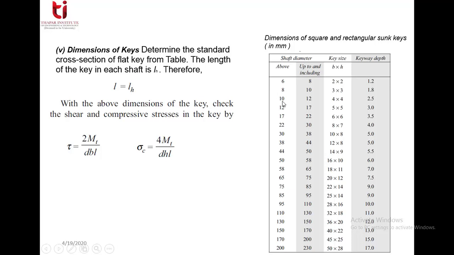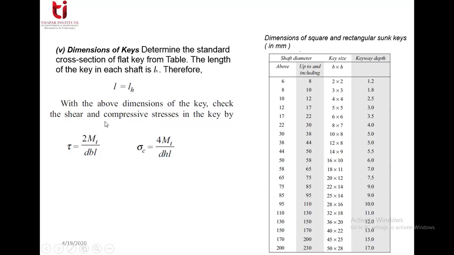The keys are also checked from two points of view: one is tau, the shear stress, the other is sigma c, the compressive stress. We have obtained these relations, tau is equal to 2Mt by dbl and sigma c is equal to 4Mt by dhl, particularly in the chapter on design of keys. So we have derived these expressions as well.